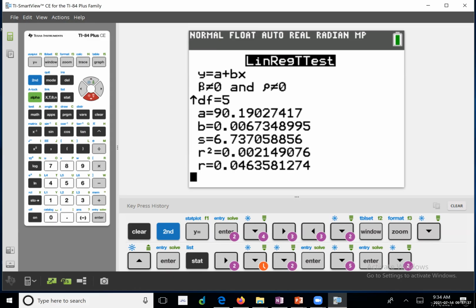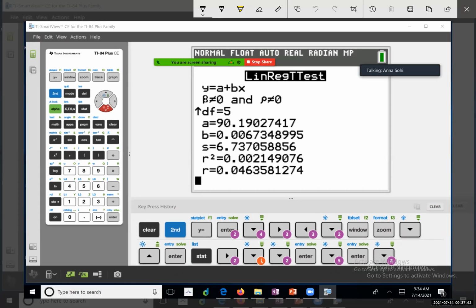Okay, if I'm writing the equation of a line, y equal to a plus bx, that is the best line that fits that graph. A is 90.19, plus b times x, where b is 0.0067. So y equals 90.19 plus 0.0067x.